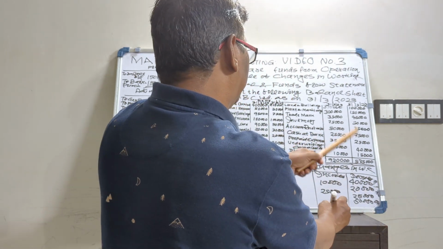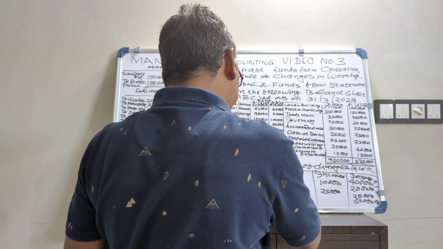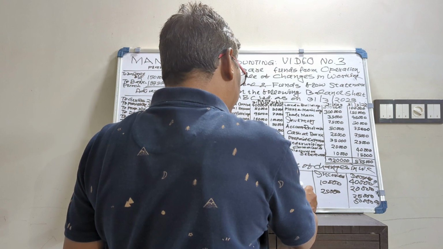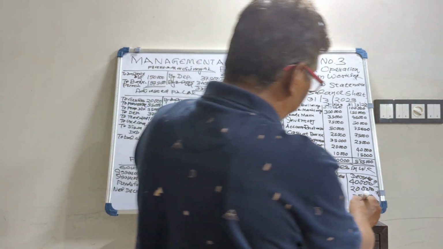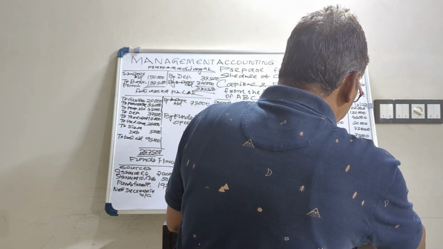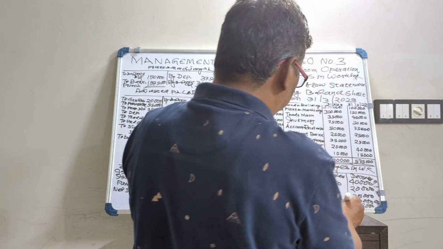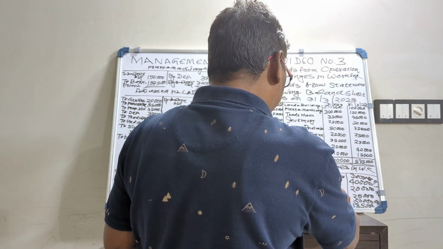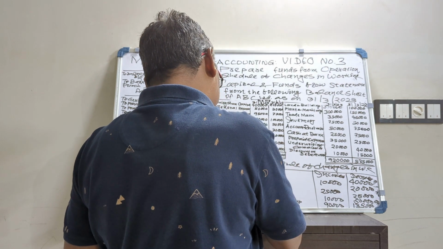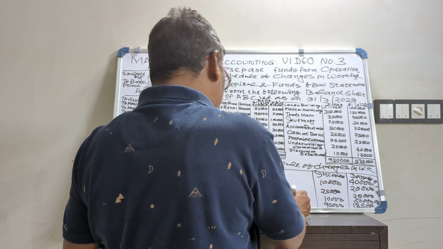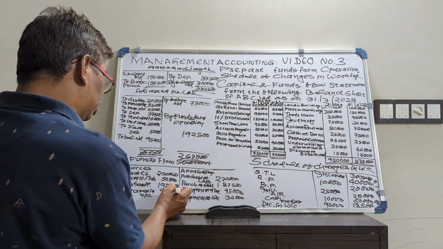Then another, prepaid expenses increase 10,000, so prepaid expenses 10,000 increase. So here it is 1,35,000. Here it is 45,000, so 90,000. 90,000 net decrease in working capital. So that net decrease in working capital 90,000 we will write in the sources.